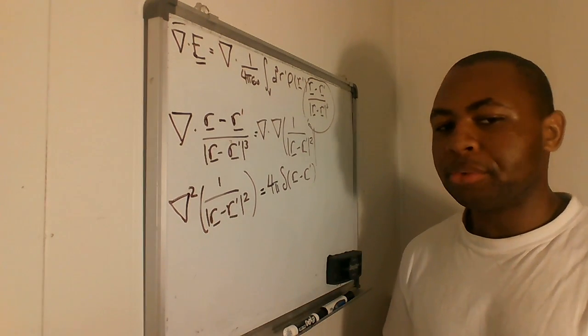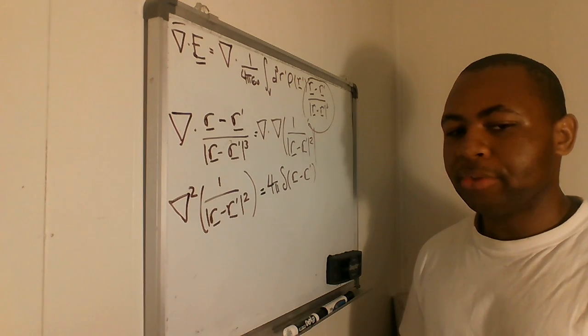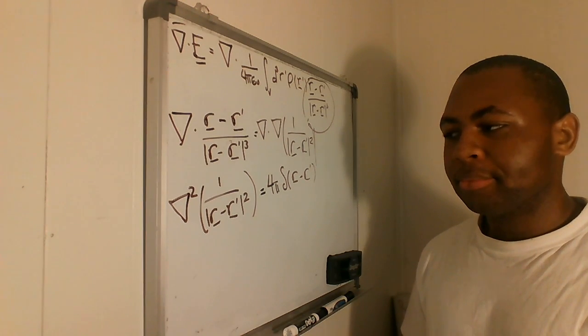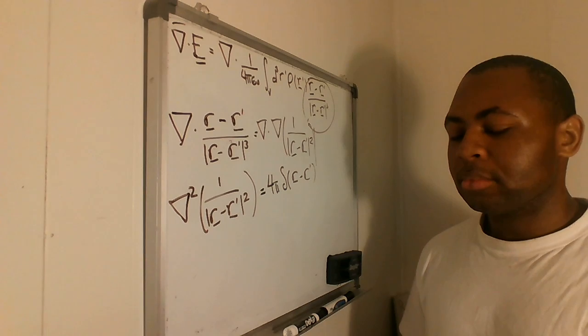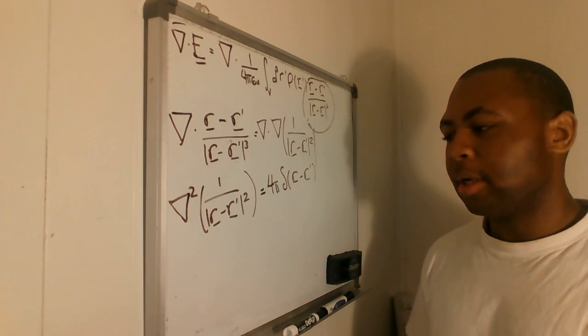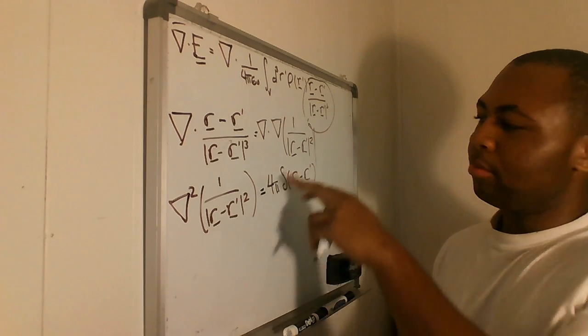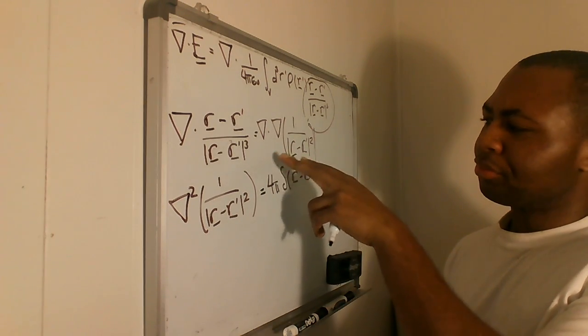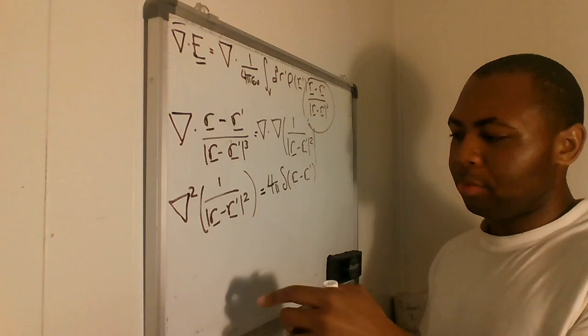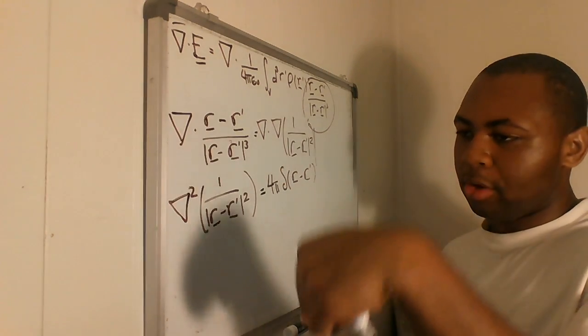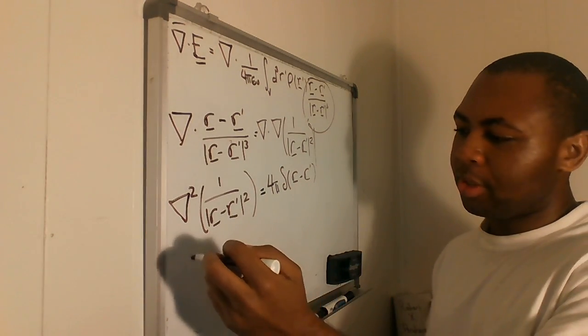The nuts and bolts explanation is this function dies down really quickly. You know what a 1 over r squared type of function does.